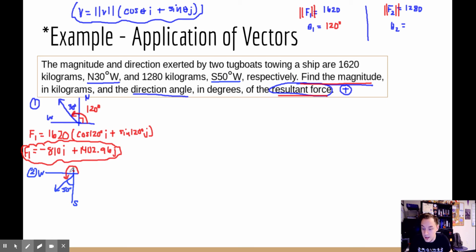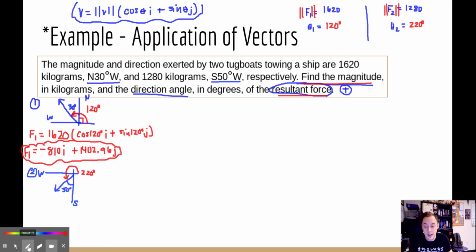That's what I want to find. So 90 plus 90 is 180 plus 40 more degrees, because this is 50, so that means this little area is 40. That's my reference angle. So 180 plus 40 degrees, that's going to be 220. So 220 is going to be my directional angle for my second tugboat.